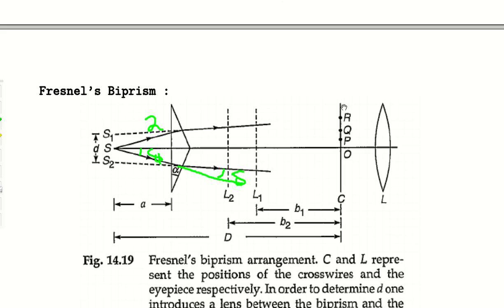After the point R, or in the vicinity of R, the fringes will disappear and the white light predominates.